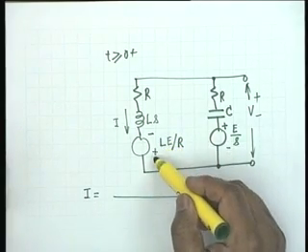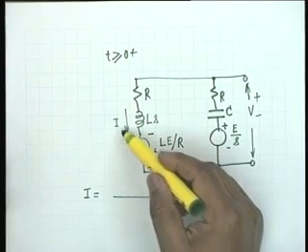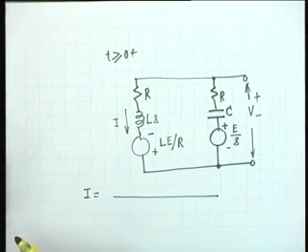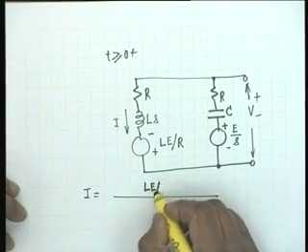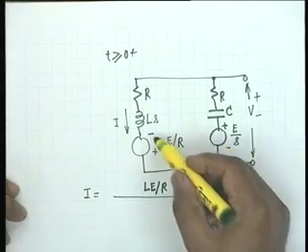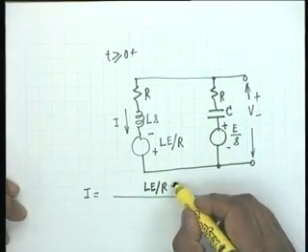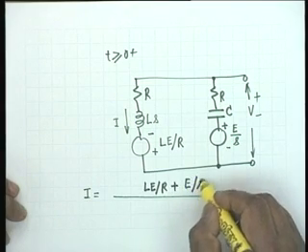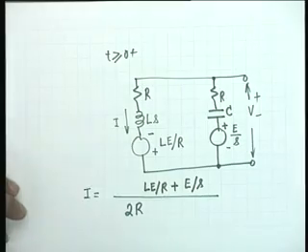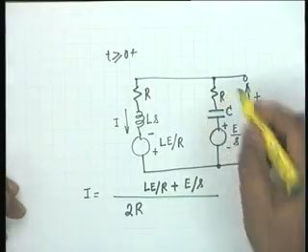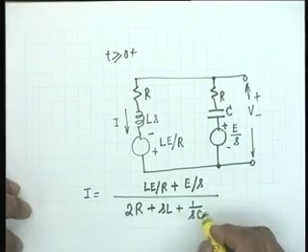L E by R, this voltage source tends to send a current favoring I, in the same direction, and therefore L E by R. Then this one, you see, minus plus, then minus plus, and therefore this should be added. E by S divided by R plus R, twice R, plus SL plus 1 over SC.